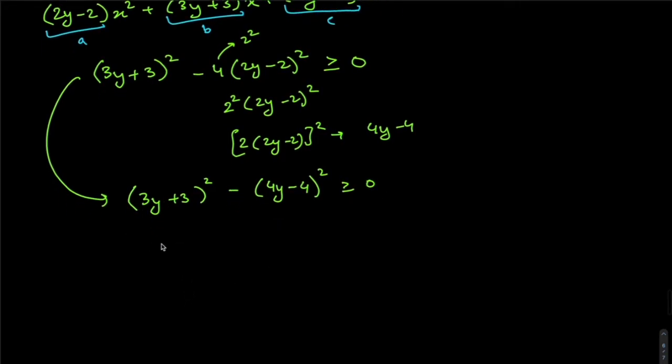Now, what I can do is expand this and expand this, then add and subtract the like terms, then factorize and find the value of y. I can do that, that's not an issue at all. But let's work smart here. If you look at this, this is some term squared minus some term squared, similar to a squared minus b squared, where a is 3y plus 3 and b is 4y minus 4.